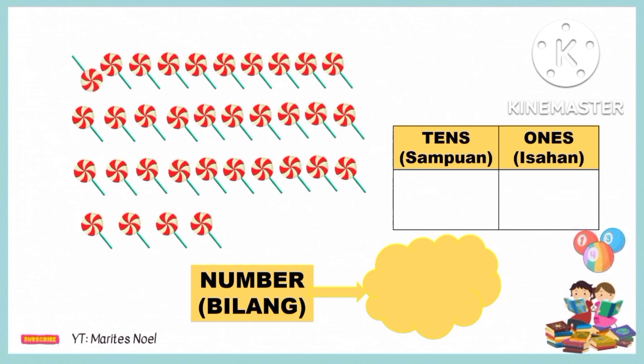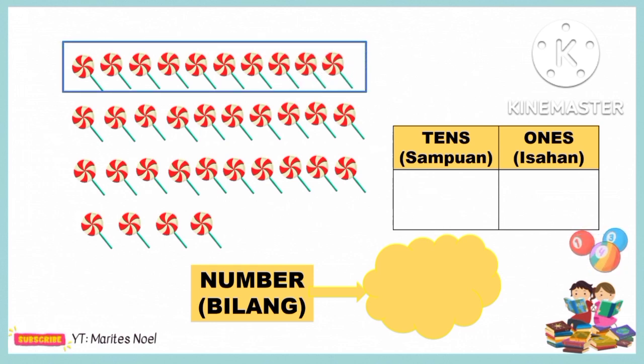1, 2, 3, 4, 5, 6, 7, 8, 9, 10. Now we have 1 tens. Ngayon, meron na tayong 1 sampu.